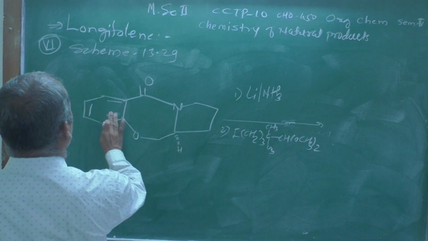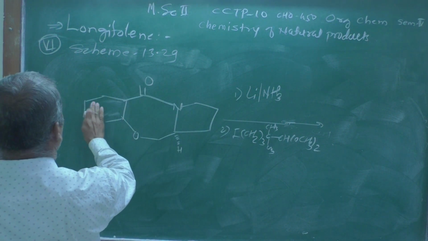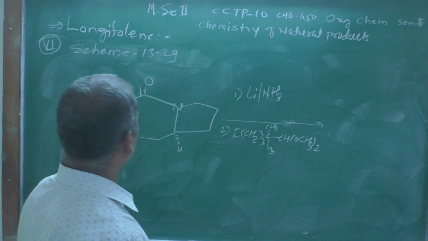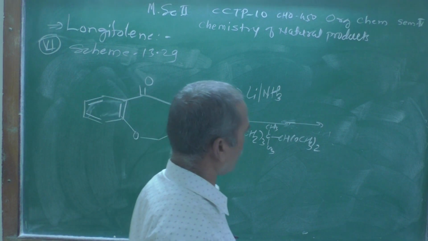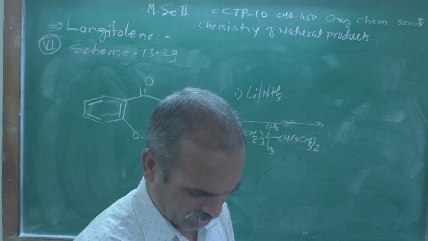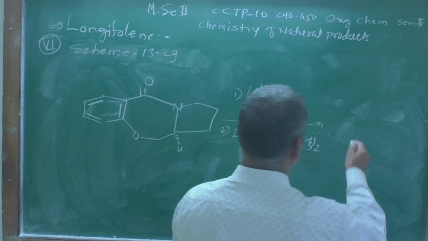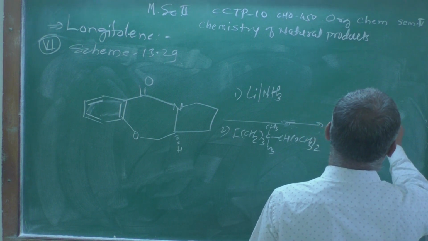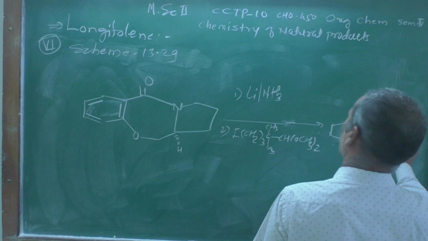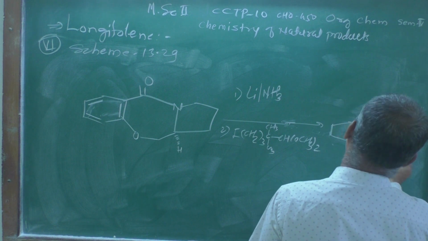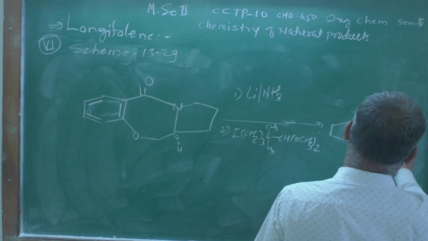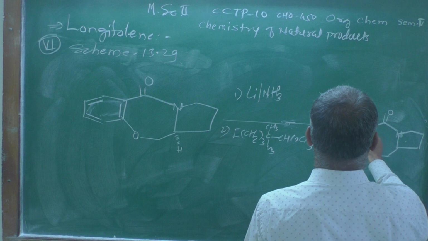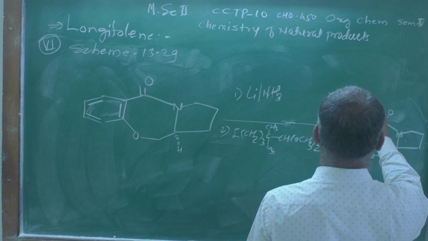For this, let me change the position of the double bond. I am putting one double bond here and another double bond here. Now this looks like an alpha-beta unsaturated type of compound, and here you are going to get the compound like this. Then C double bond O, then the nitrogen atom, then oxygen, then CH2, then you can add the 5-membered ring, this one, and this double bond remains as it is.